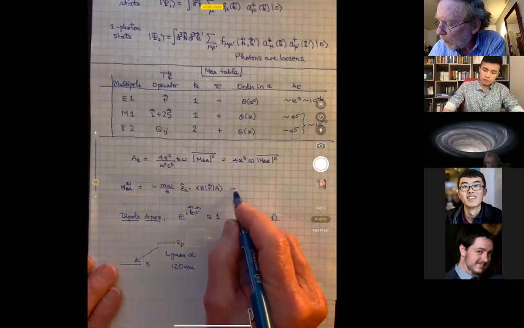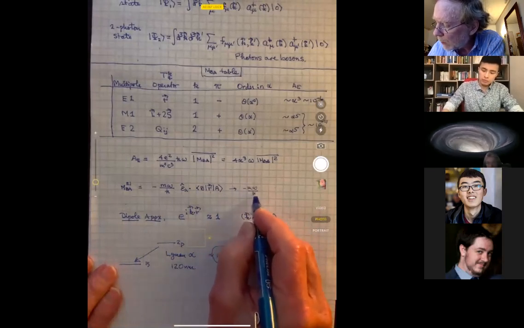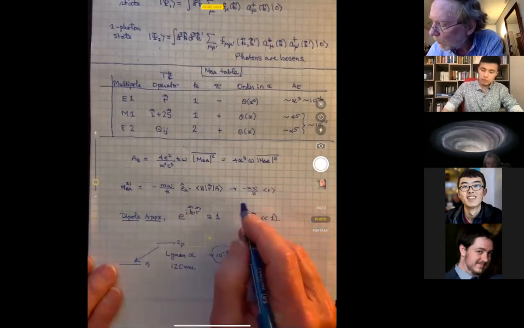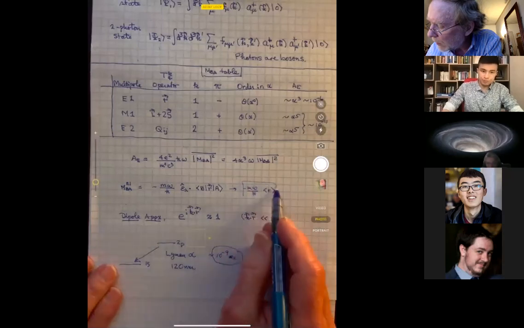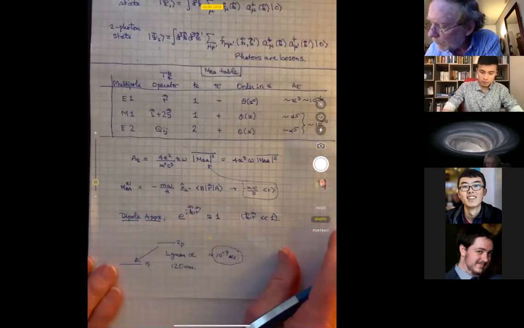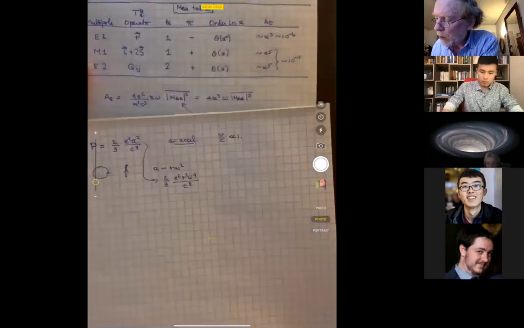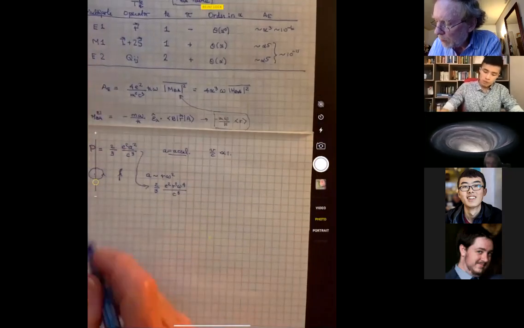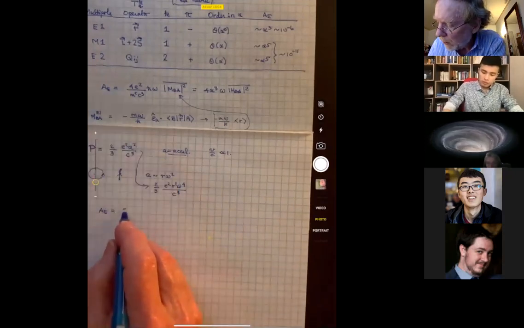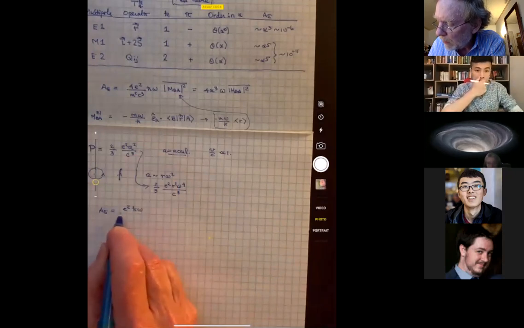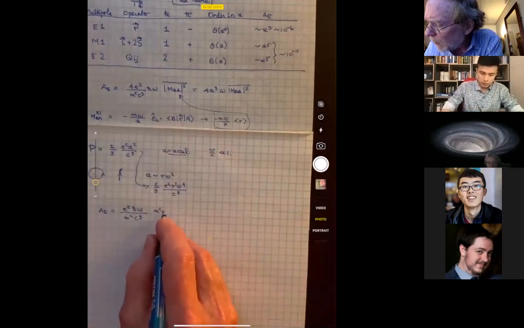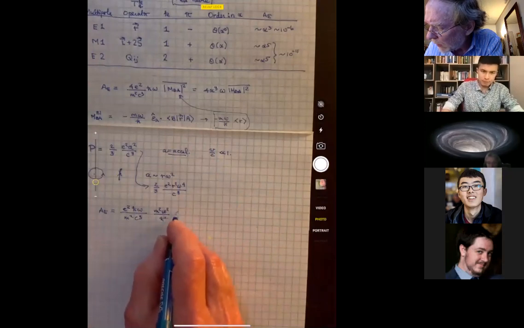If we do, then I can replace this by minus m omega over h bar, and I'll skip the epsilon because it's of order unity. Just as an order of magnitude, I'll write it as an average value of r. So let's square it and plug it into this matrix element and see what we get. On the next page, the Einstein A is equal to, I'll skip the 4 pi, we'll just do an order of magnitude, e squared h bar omega divided by m squared c cubed times the matrix element squared, which is m squared omega squared divided by h bar squared times the average value of r squared.